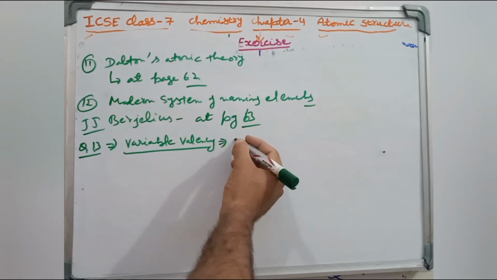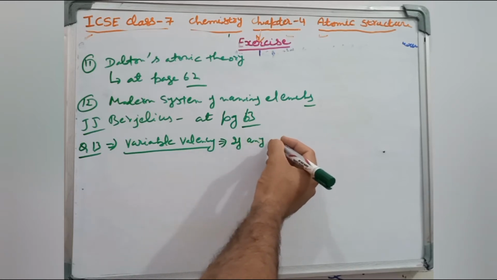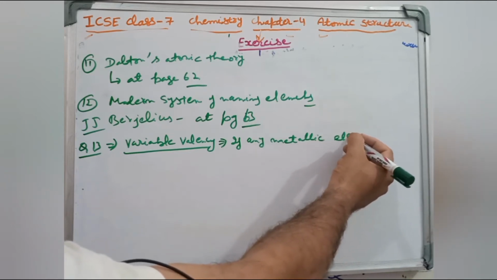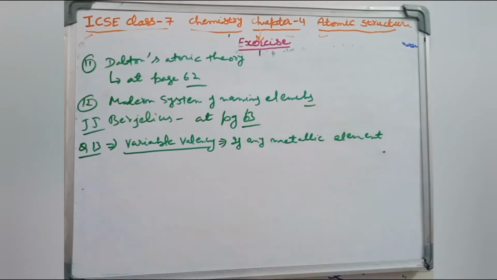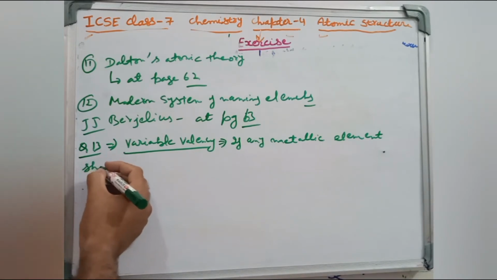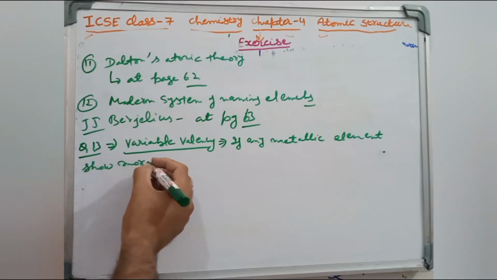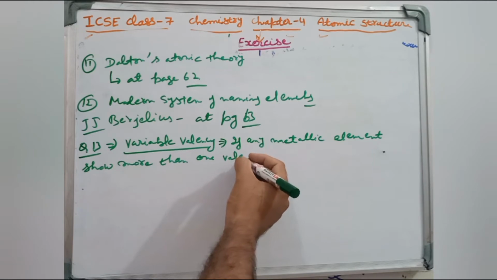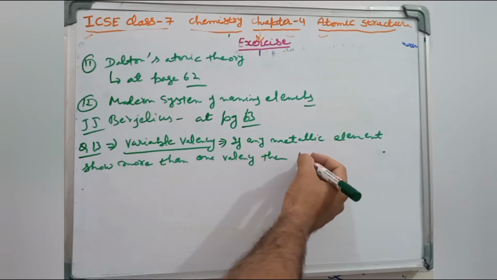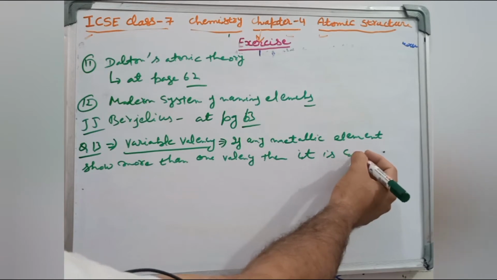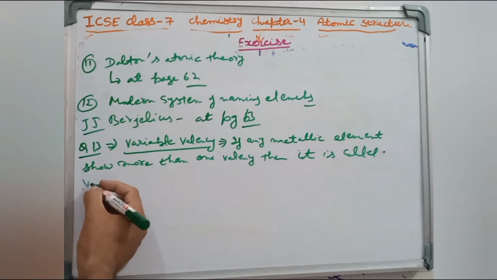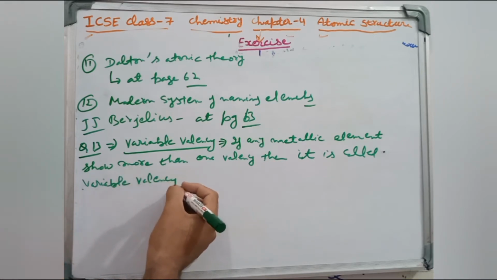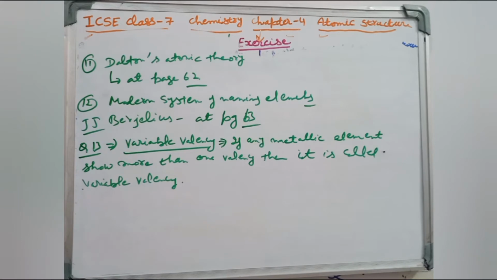If any metallic element shows more than one valency, then it is called variable valency. Right, students?